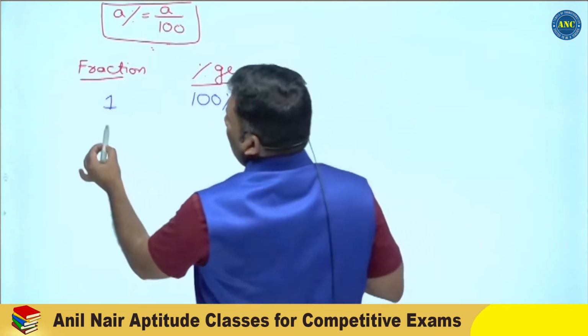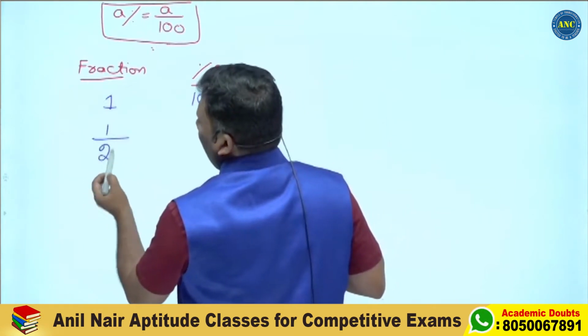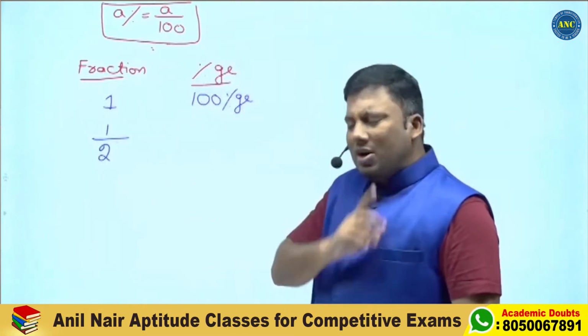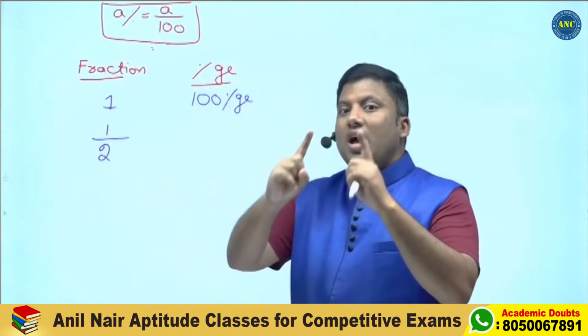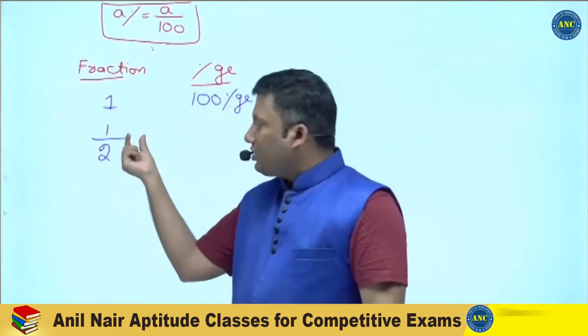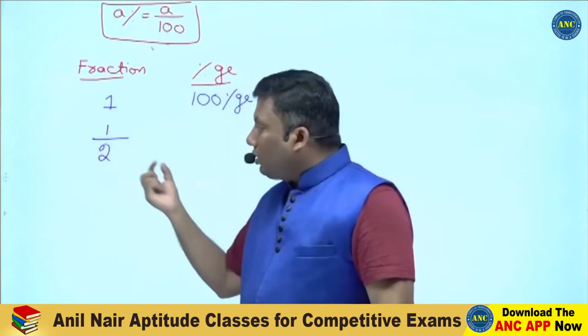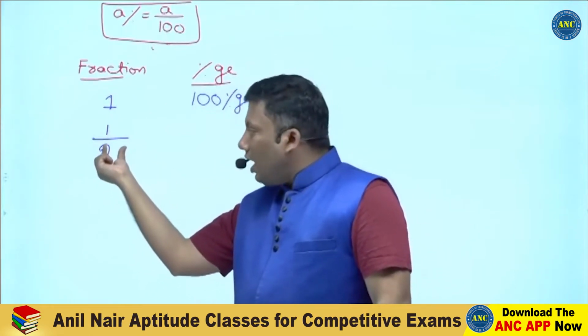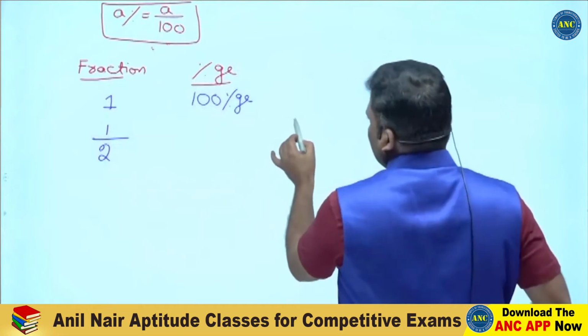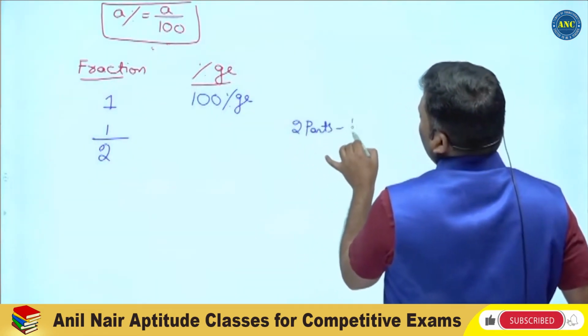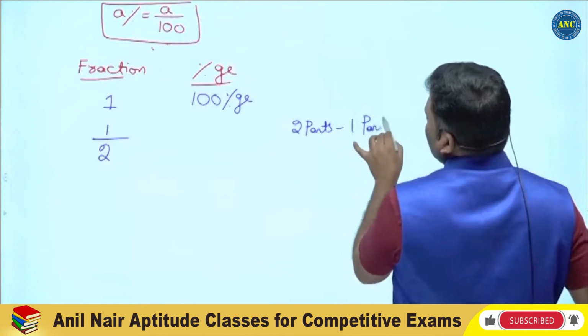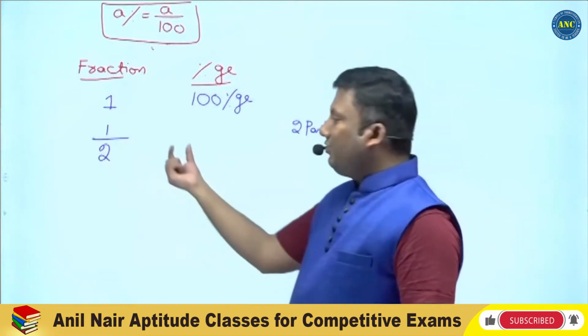When I say 1 by 2, what does that mean? It's very important for us to understand the definition of a fraction. 1 by 2: out of total 2 parts, I need 1 part. It is in fraction.